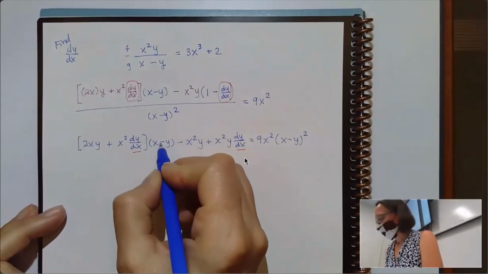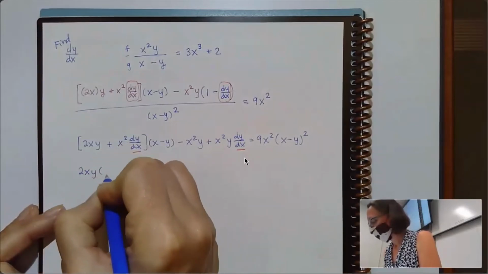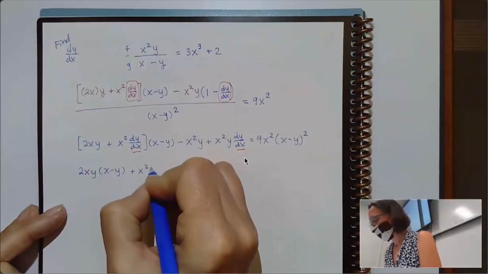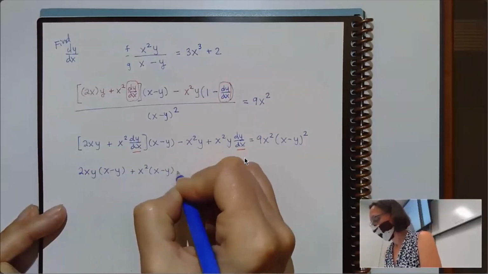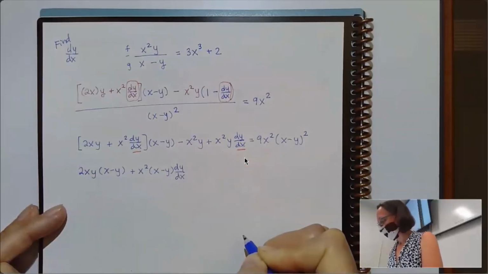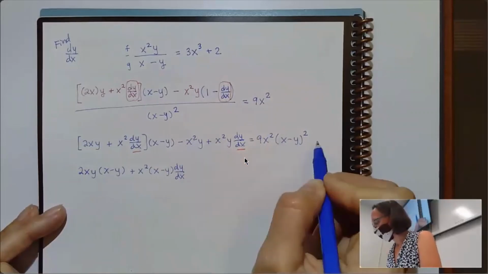So I'm just going to drag around the parentheses and say this is 2xy times x minus y plus x squared times x minus y times dy/dx. This little piece right here is kind of in my way anyway, so I'm going to add it to the other side.